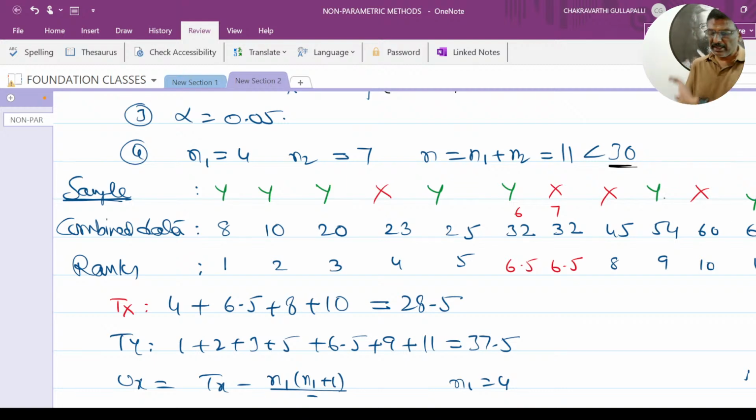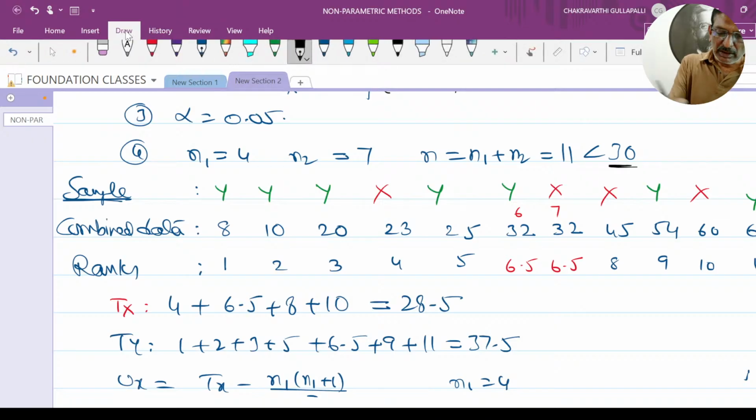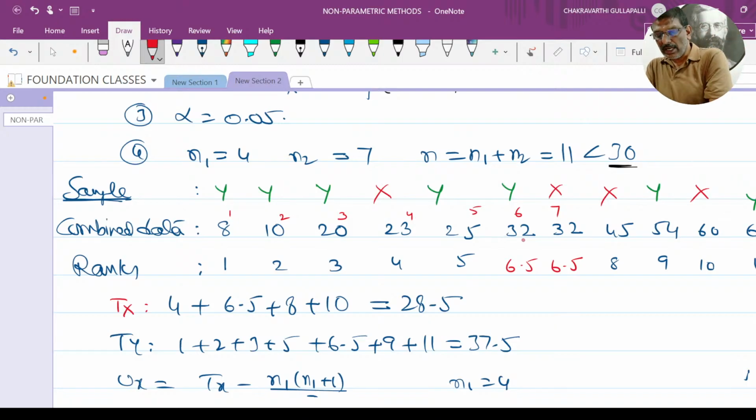Now assign the ranks. The least number gets the first rank, then the second rank, third rank, fourth rank, fifth rank, but here 32 occurs twice, at positions 6 and 7. The average of these two is 6.5. Then 8th rank, 9th rank, 10th rank, 11th rank, like this.